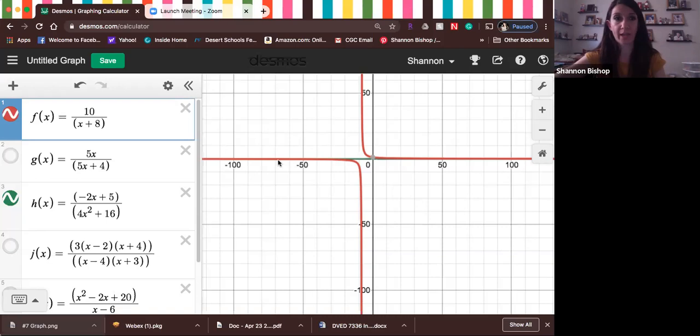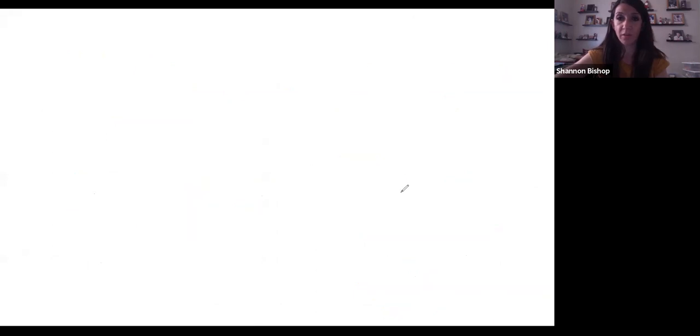Okay, let's go look at case 2. So case 2 involves the functions g of x. Let's get a new color, let's get blue. Okay, so g of x goes in case 2.